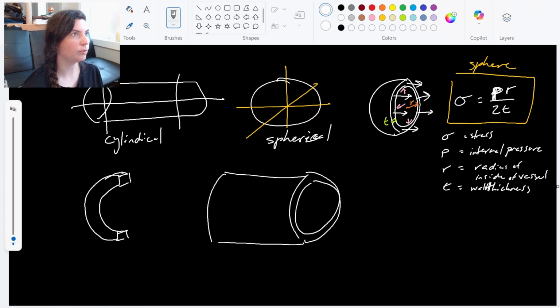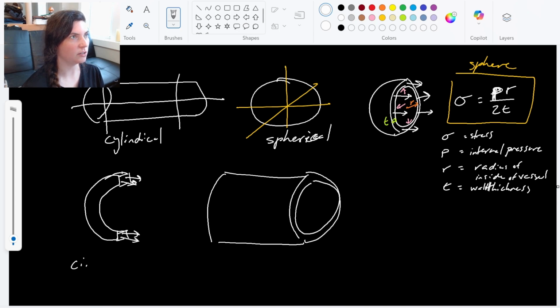So if I cut through it this way, this left-hand side way, I'm cutting through the circumference. So I'm cutting a semicircle wedge out of it, where I'm looking at the stress, the force that's being experienced in this section here, through the circumference of this cylinder.